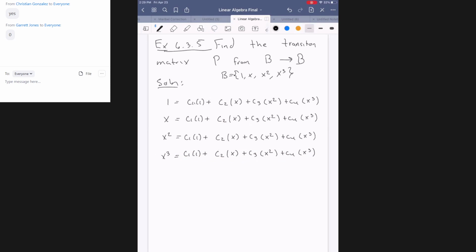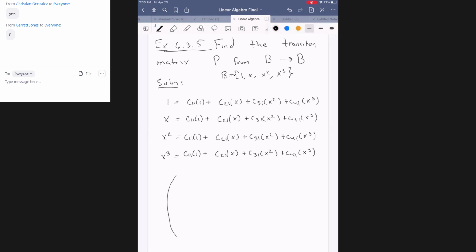So for the first one, what is going to be my C11, C21, and so forth? It should be pretty clear, right? C11 would be what? 1, and then all the rest are 0. Perfect.